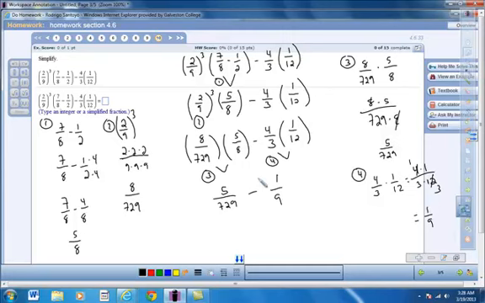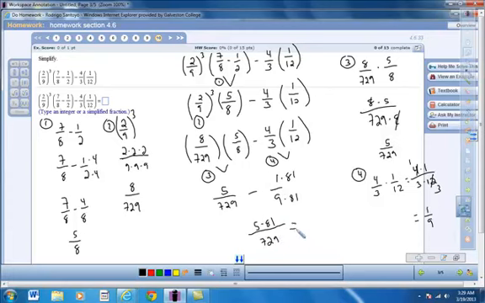Now we see we can't subtract unless we find the LCD. Well, these numbers are pretty different, but let's see if 729 is divisible by 9. It sure is. We see that if we multiply 9 by 81, it gives us 729. So now I get 5 minus 81, because 1 times 81 is 81, over 729.